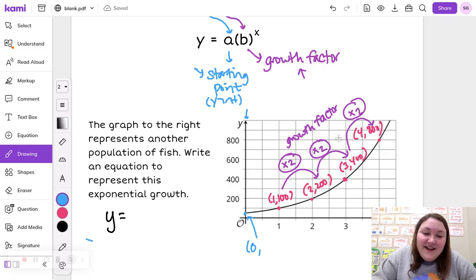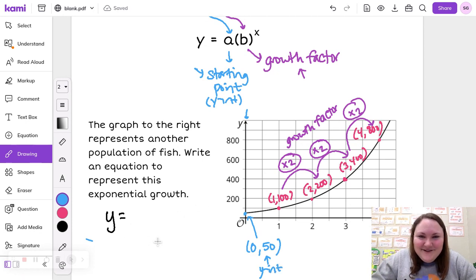Well, I can use this fact that it's doubling to help me know for sure, but it must be the number 50, because if I start with 50 and I double it every year, 50 times 2 is 100, times 2 is 200. I also know it's 50 because it looks like it's halfway between that 0 and that 100 line. Now that we know our starting point, our y-intercept, and our growth factor, we can write this equation.